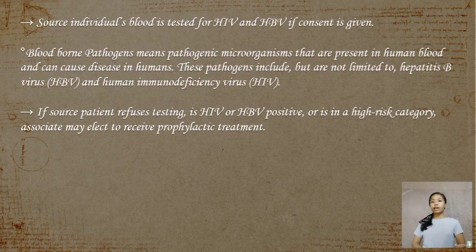Blood-borne pathogens are pathogenic microorganisms that are present in human blood and can cause disease in humans. These pathogens include, but are not limited to, hepatitis B virus and human immunodeficiency virus, or HIV. If the source patient refuses testing, is HIV or HBV positive, or is in a high-risk category, the associate may elect to receive prophylactic treatment.